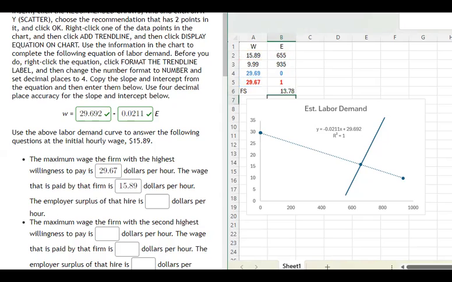And that firm surplus is $13.78. So this is the wage they're going to pay that first employee, and this is the surplus, the extra. The firm's surplus from hiring that employee is $13.78.